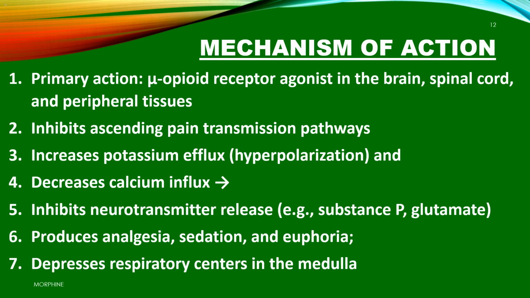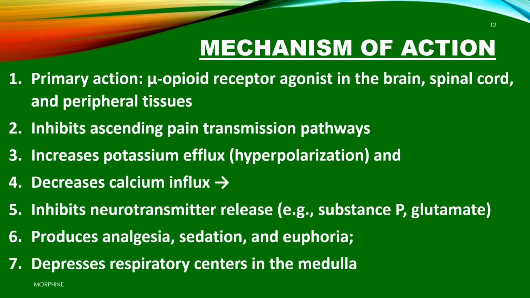4. Decreases calcium flux. Morphine reduces the flow of calcium ions into neurons, which decreases the release of neurotransmitters involved in pain transmission. 5. Inhibits neurotransmitter release. Morphine reduces the release of pain-related neurotransmitters, such as substance P and glutamate, contributing to pain relief. 6.